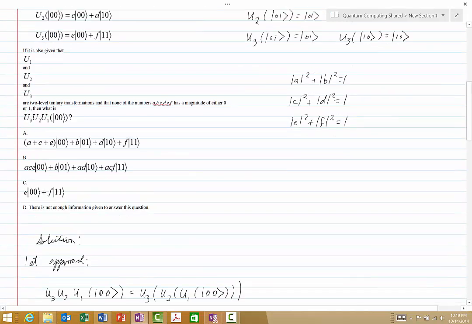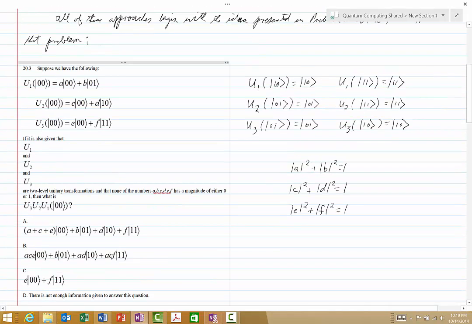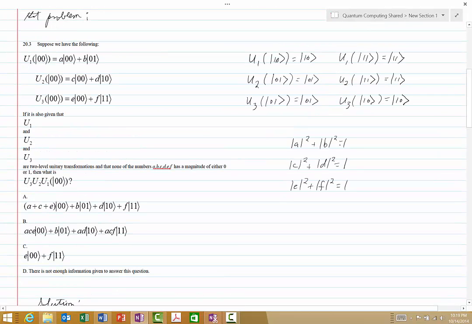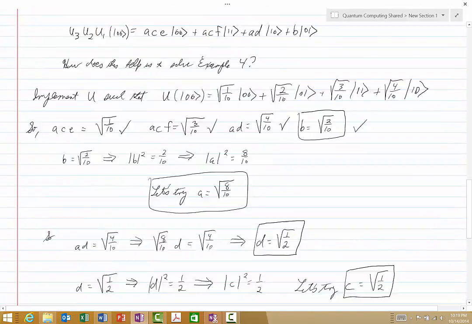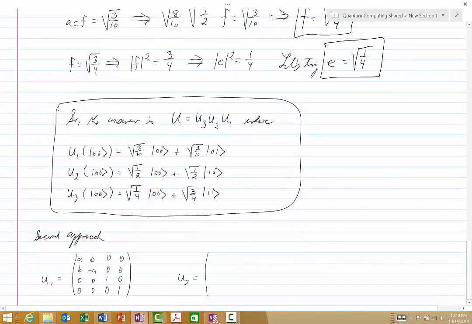Let's use that ordering. So if we use that ordering, then U2 would look as follows. We would have C, 0, D, 0, 0, 1, 0, 0, and then many people put D, 0, minus C, 0, 0, 0, 0, 1.